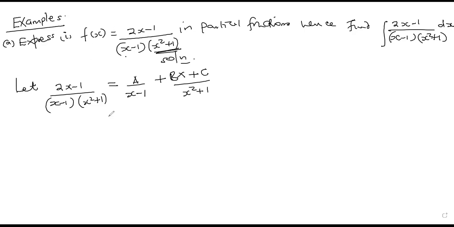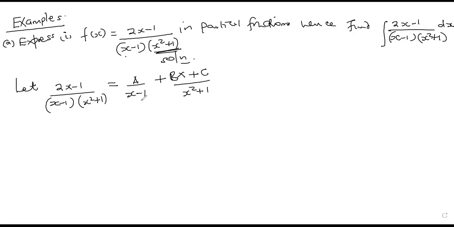The main thing is on this: you must let it be like bx plus something. You can use different letters, but since we are used to A, B, C, D, E, let's treat it like that.